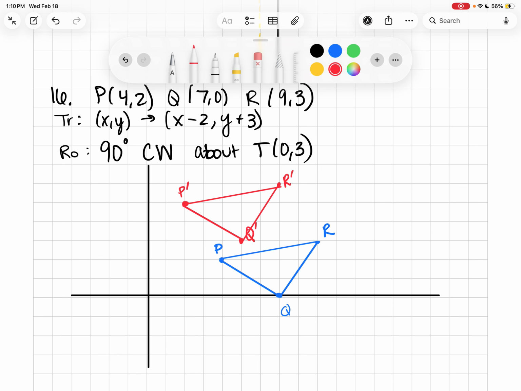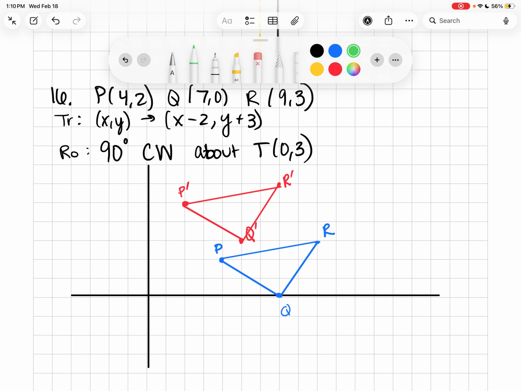All right, and so then we are rotating it 90 degrees clockwise. I'm not going to be super picky about making sure that you're exactly right. You might have a protractor, but we're not using a protractor.